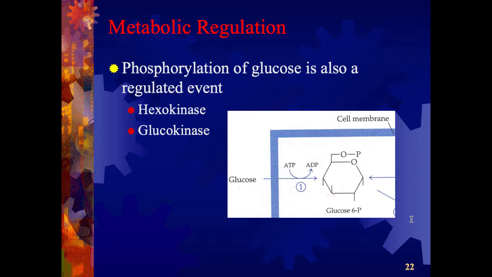They're isoenzymes. In other words, they do the same reaction, but they're expressed in different tissues. So let's look at glucokinase and hexokinase. If it does the same reaction, why wouldn't you just have one enzyme? Because both of those different forms of the enzyme have different characteristics.